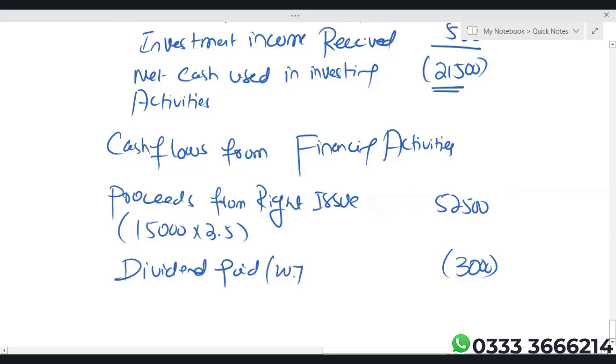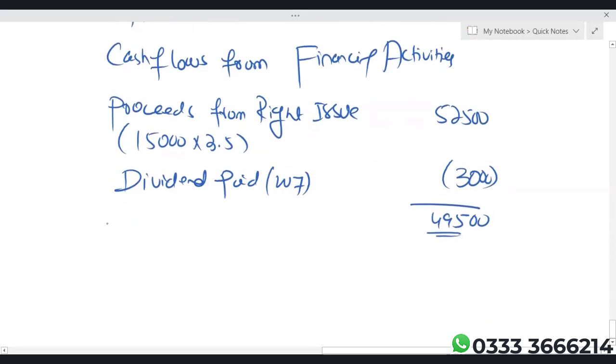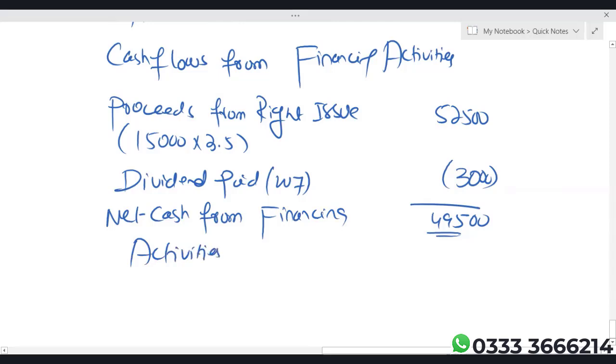I think that is working 7. So 49,500 is your net cash from financing activities. Net cash from financing activities.